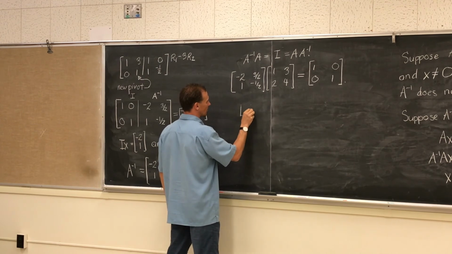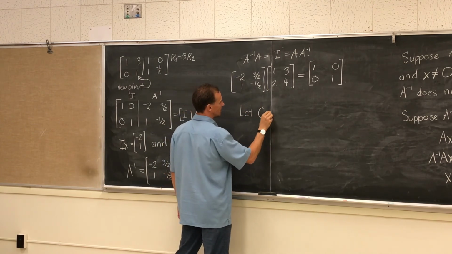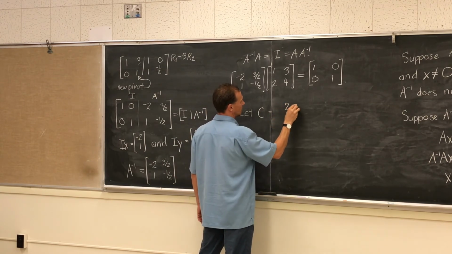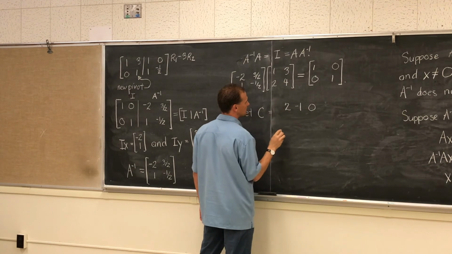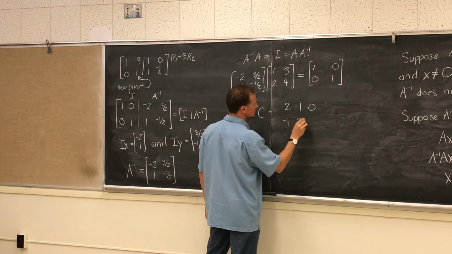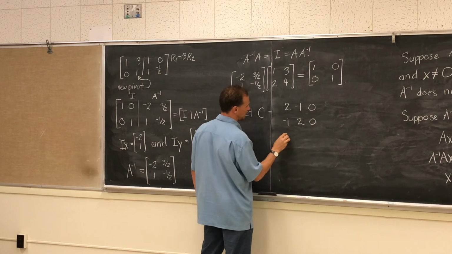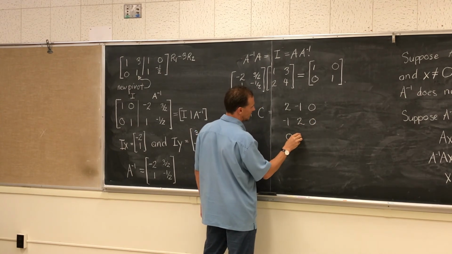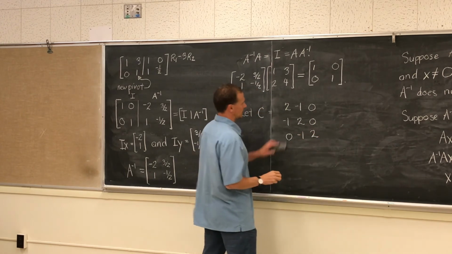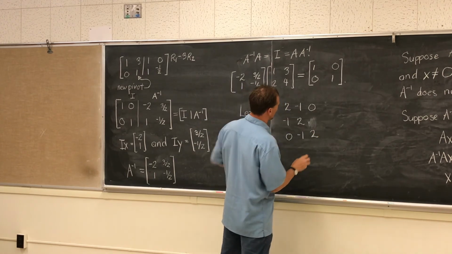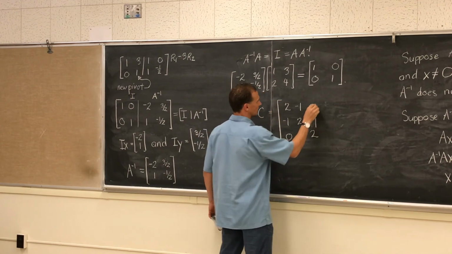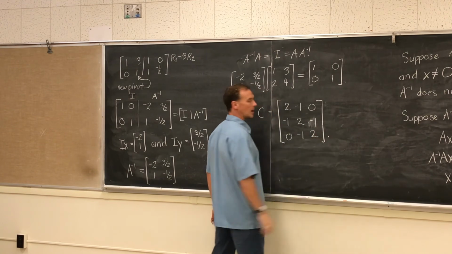Let C be the matrix, hopefully I get this right, 2 minus 1, 0, minus 1, 2, 0, 0, minus 1, 2. Oh, that's not correct. I want to put a minus 1 right there.